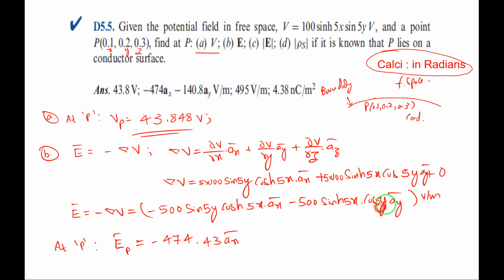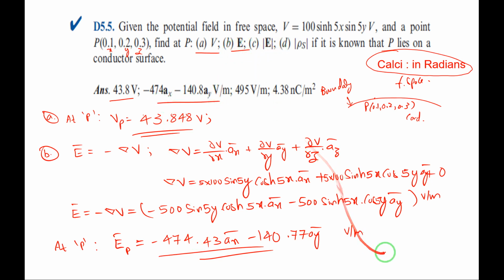Cos of 5 into y, y is 0.2. So after calculation I am getting minus 140.77 ay volt per meter. So the second one, observe: minus 474 ax minus 140.8 ay. So part B is also over.